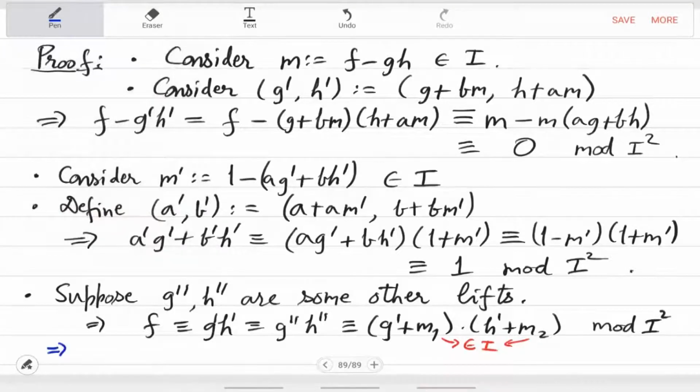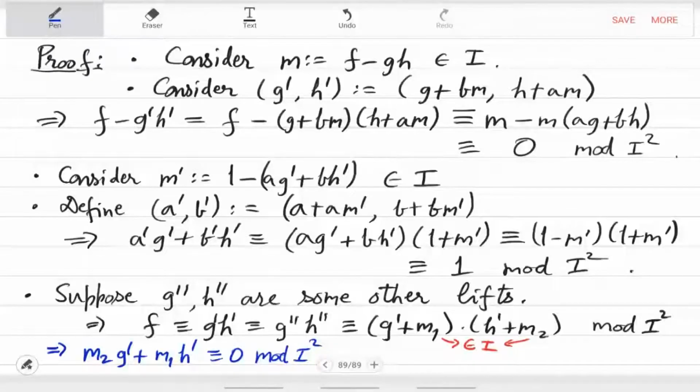So that congruence is m2 g prime plus m1 h prime is 0 mod I square. Because m1 m2 is 0 mod I square and g prime h prime has been cancelled. So you actually get a relationship between m1 and m2. Right? These m1 m2 given to you by somebody else are actually related this way.